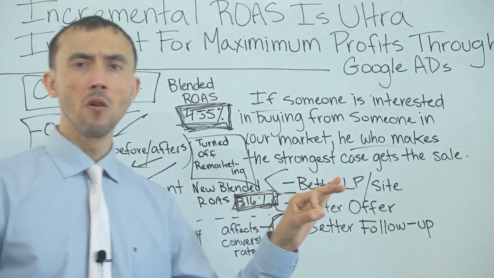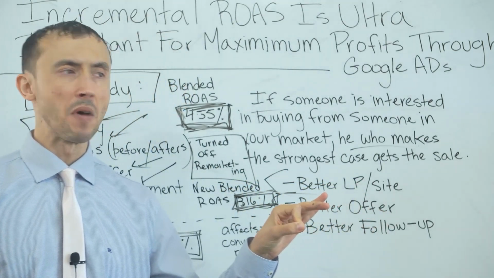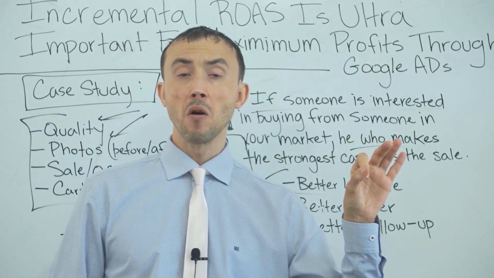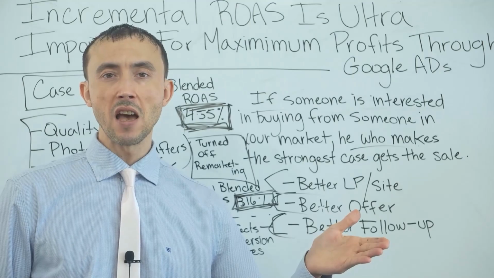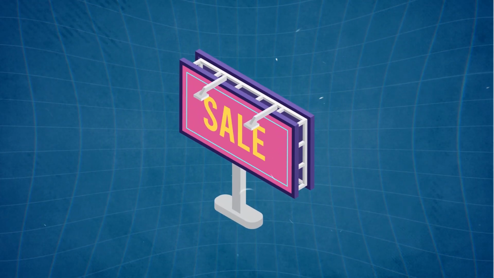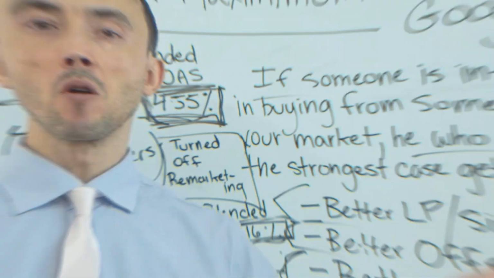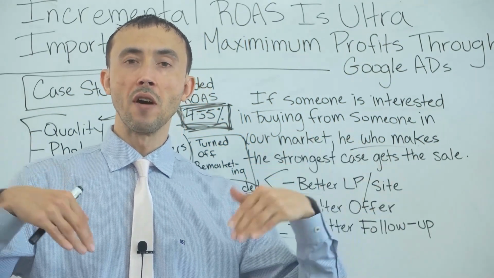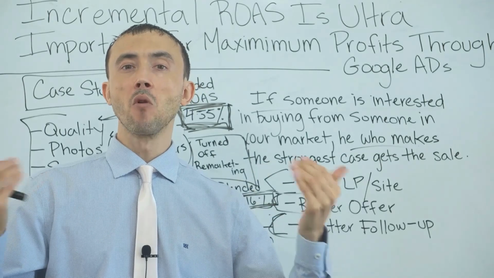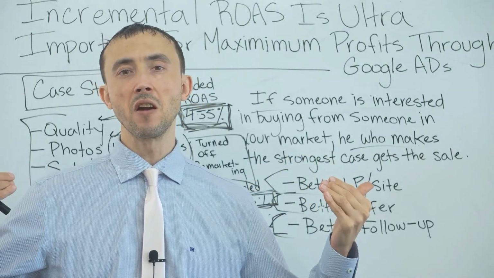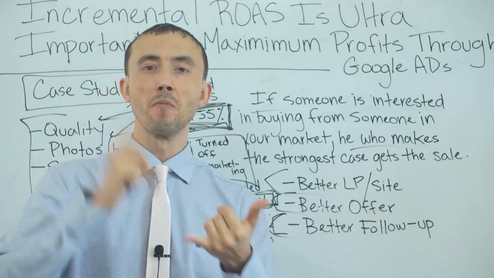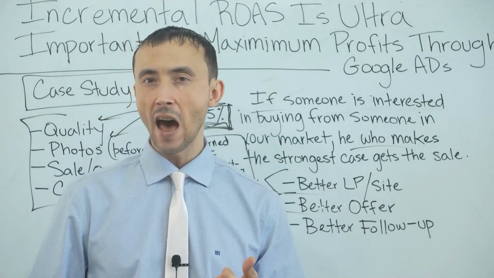Another place the incremental ROAS will come up is when you're doing branding. If you're in a local market, let's say you have a drug rehab, we had a client doing this, do billboard advertising across the city, okay? Billboard advertising gets a lot more searches on Google going, and we get a lot more from our search campaign that wouldn't necessarily be there if we didn't do the billboard advertising, both from brand searches, but not just that.